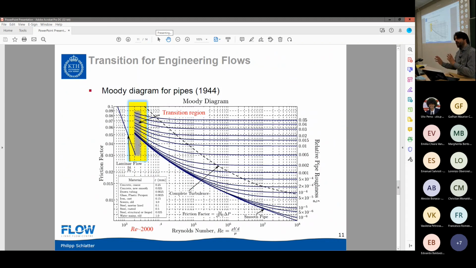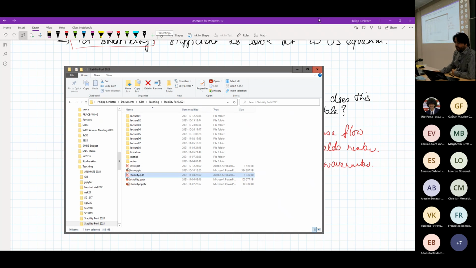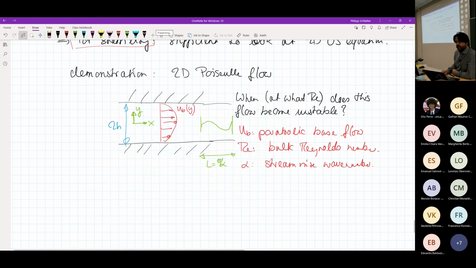So for channel flow, we would expect that the unstable Reynolds number would be somewhere there, 2000, 10,000, whatever. I mean, order of a few thousand. Of course, this is just a guess. Now we would like to actually see whether this is correct.